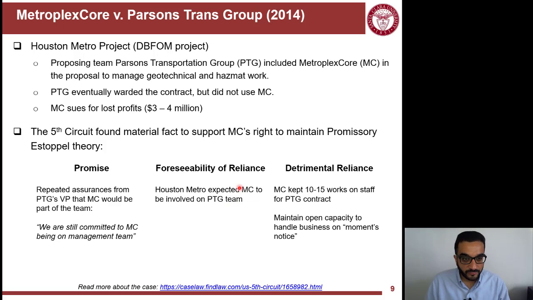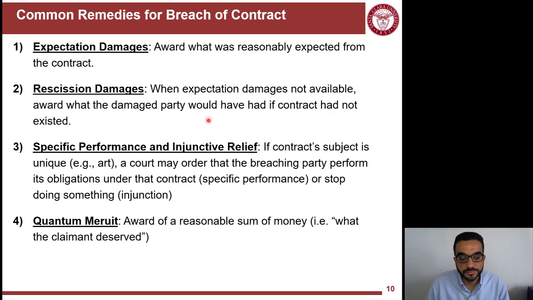So it was foreseeable. And then the detrimental reliance: MC kept a good amount of workforce ready to work on this project, and that showed detrimental reliance. So at the end, Metroplex Core had the right for these damages, for this lost profit.